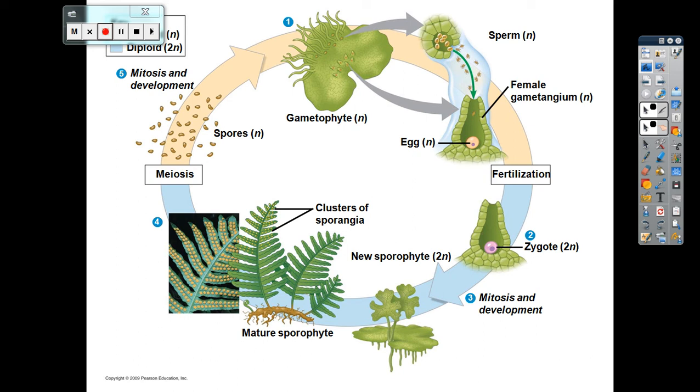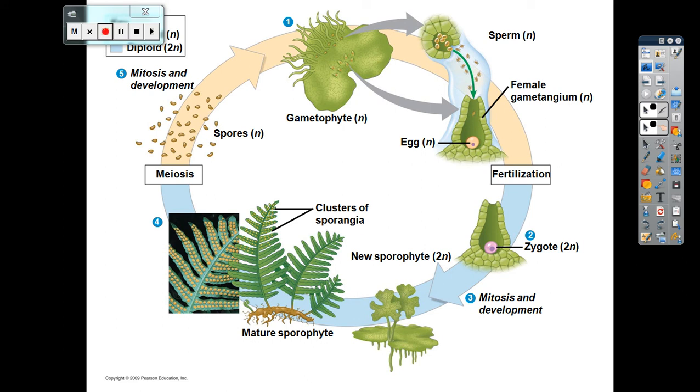So the spores are released. They each can grow into a haploid gametophyte, which is this flat type of big leaf. I have never seen one of these in the wild ever. So I don't know exactly what it looks like, but you can get a picture of it here.